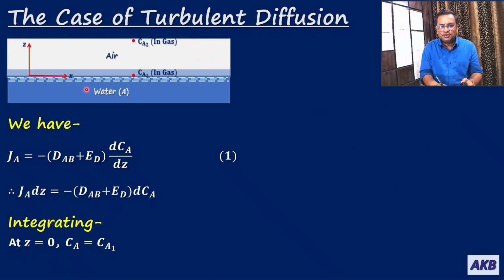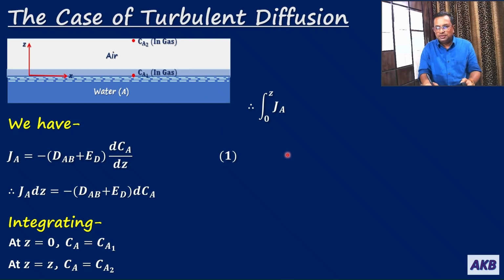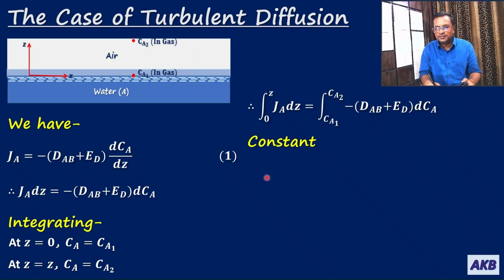At Z is equal to 0, that is when you are at the surface, CA is CA1, and at some distance from the surface, at Z is equal to any Z, let us say CA is CA2. So if you integrate this equation, it will be integration from 0 to Z, JA into dZ, equal to integration from CA1 to CA2 of minus (DAB plus ED) into dCA.